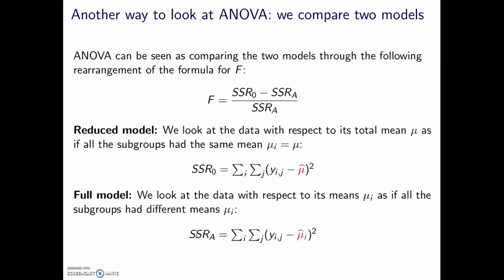Specifically, the difference shown here compares the reduced model, which uses the data y sub ij and the total mean mu, and the full model, which uses the data y sub ij and the mean mu sub i of the associated groups i. We see the reduced model as assuming that all treatments have the same expected value mu, while we see the full model as assuming some treatments may have different expected values mu sub i.